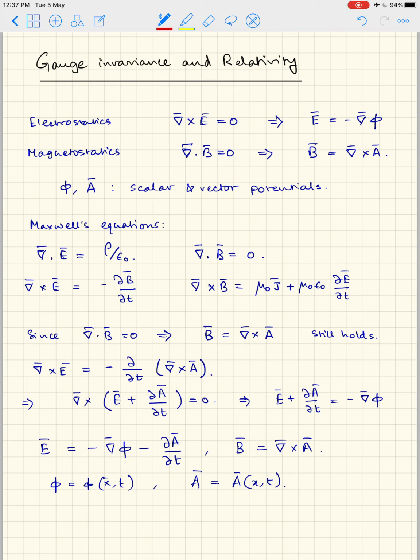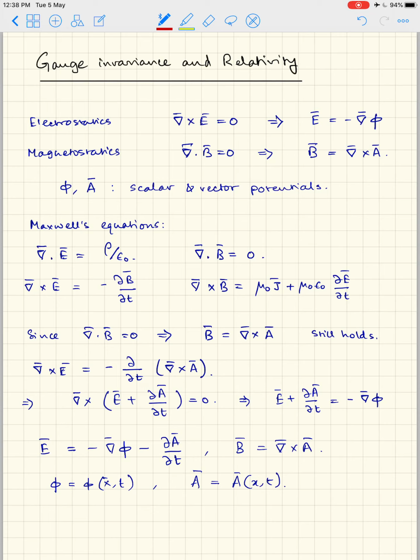Now, generalizing to Maxwell's equations, since del dot B equals 0 still stays, you can still express B as a curl of some vector.